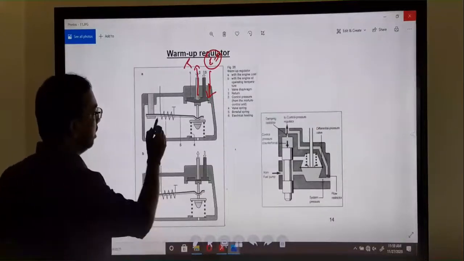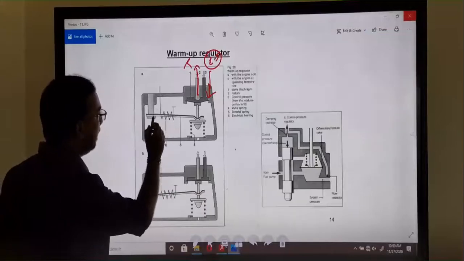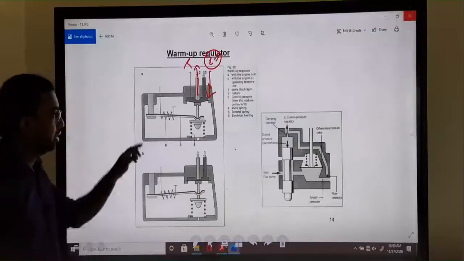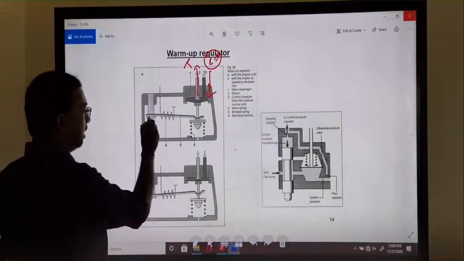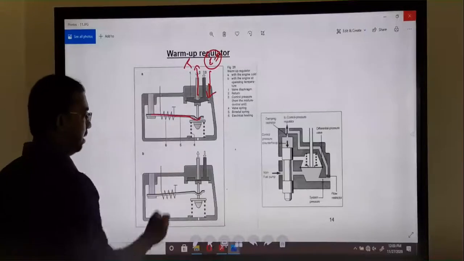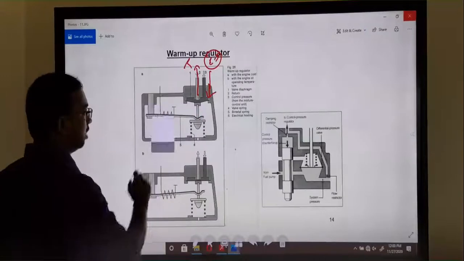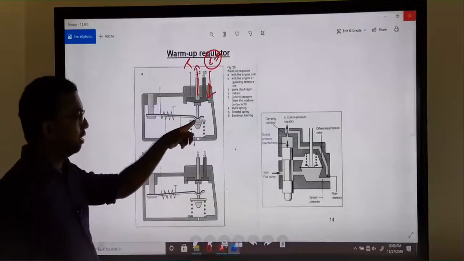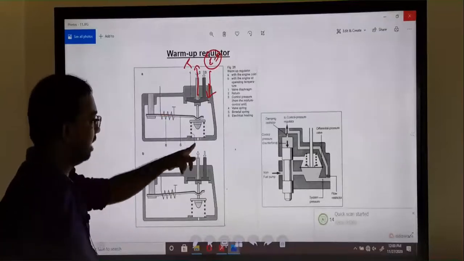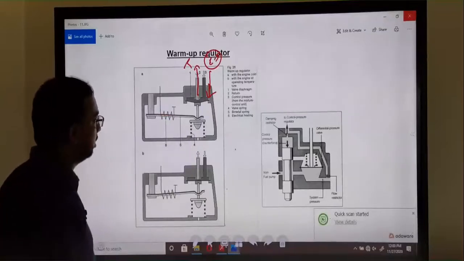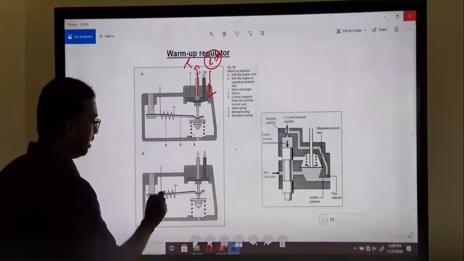You can see there is a bimetal spring here and electrical heating. When this is electrically heated, what will happen? There is a metal here, and this metal bends like this. In the normal condition this touches the valve spring set, but when heated it bends or twists like this.